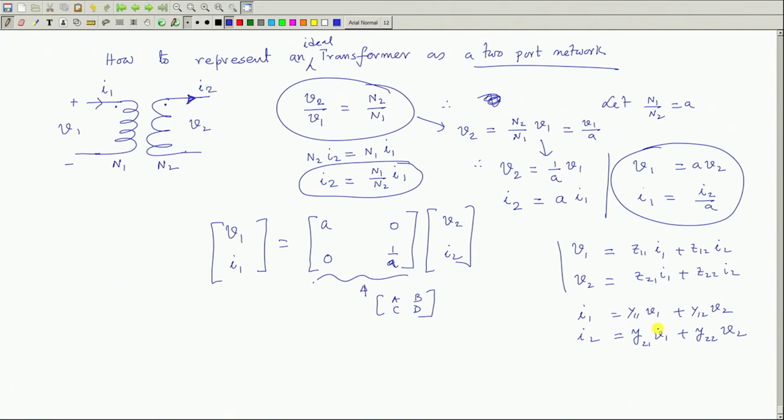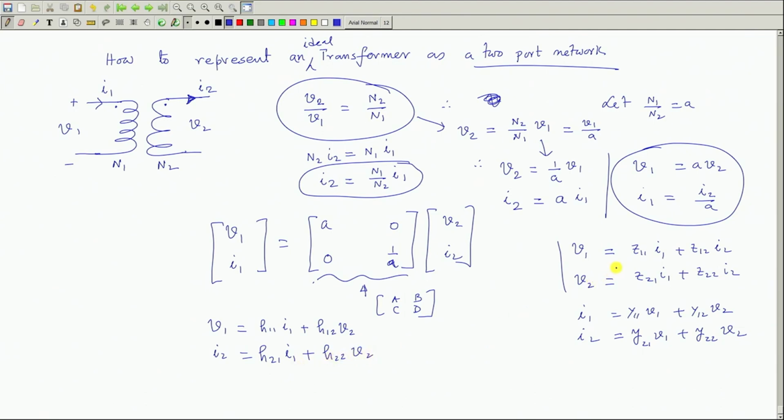Can I write it in H parameters mode? For example, is it possible to write V1 and I2? V1 is equal to H11 into I1 plus H12 into V2, and I2 is equal to H21 I1 plus H22 into V2.